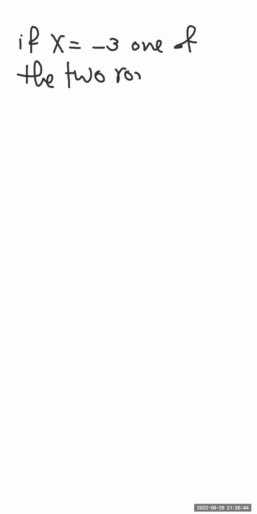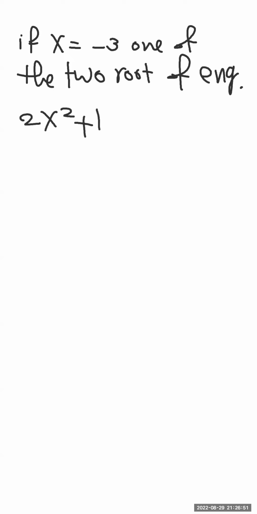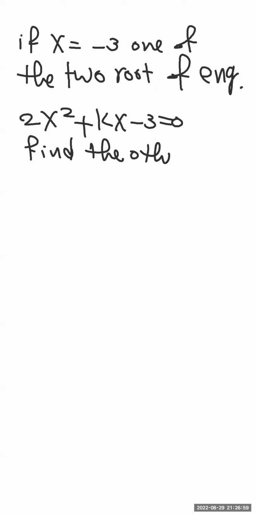If x equals negative 3 is one of the two roots of the equation 2x squared plus kx minus 3 equals 0, find the other root and find k.